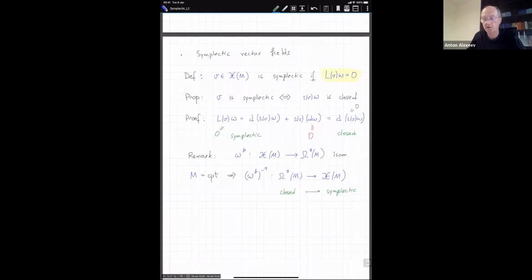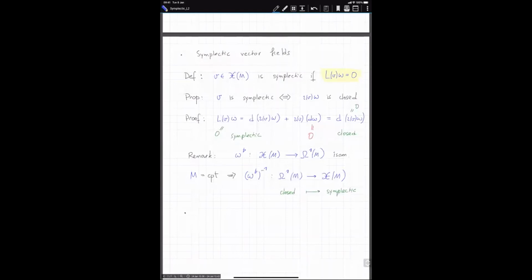Any closed one form produces for you a symplectic vector field. Of course, in some way that's a much smaller number than all the vector fields, because among all the one forms, the closed ones have a complicated condition to impose, but otherwise lots and lots of symplectic vector fields.